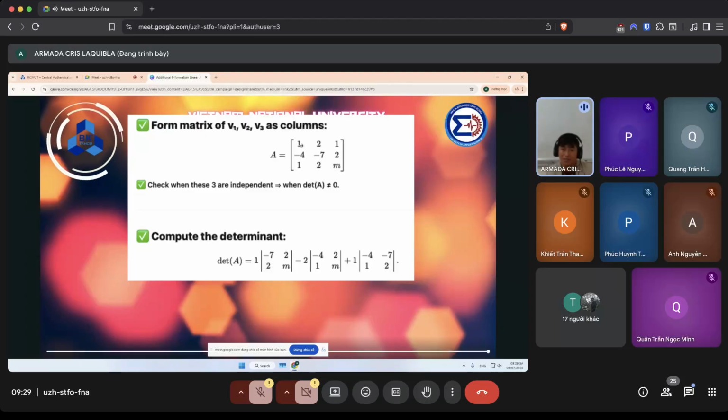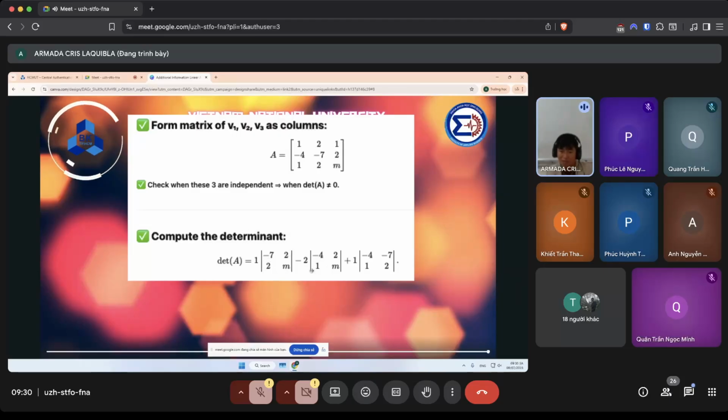Delete the second column and the first row. You have a -4, 2, 1, and m, and then plus the third number here, which is 1. So delete now the third column and first row. You have the remaining numbers here. You have -4, -7, 1, 2. Now we solve the determinant of this. -7 times m, we have here -7m minus 4.